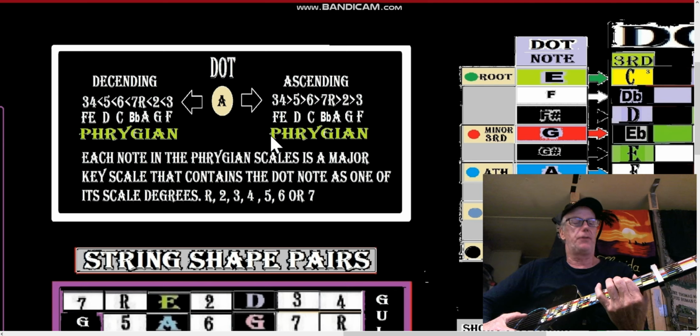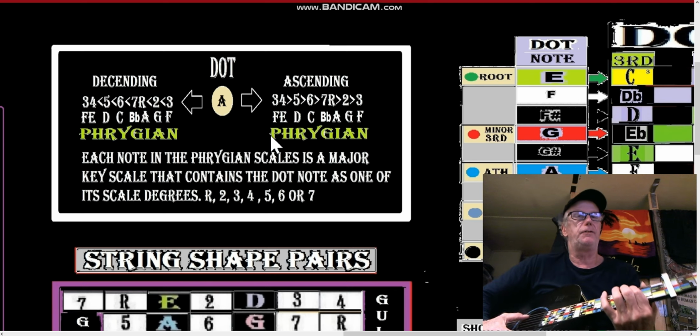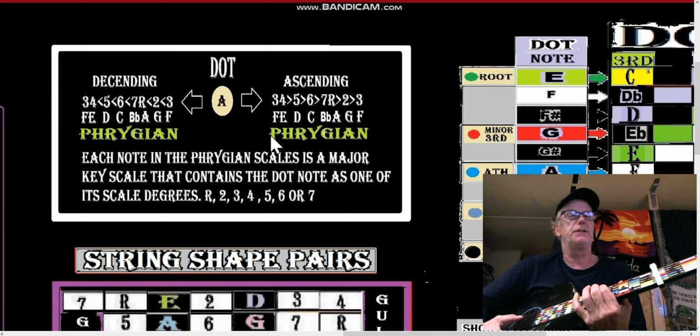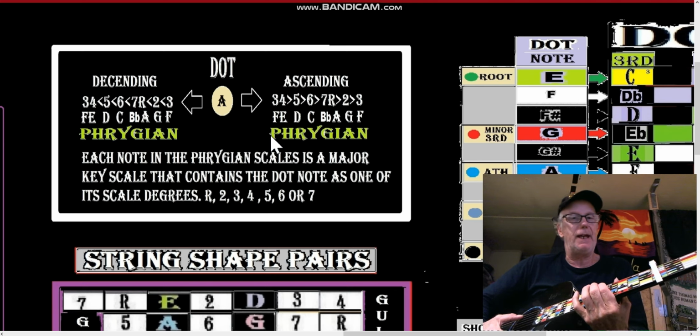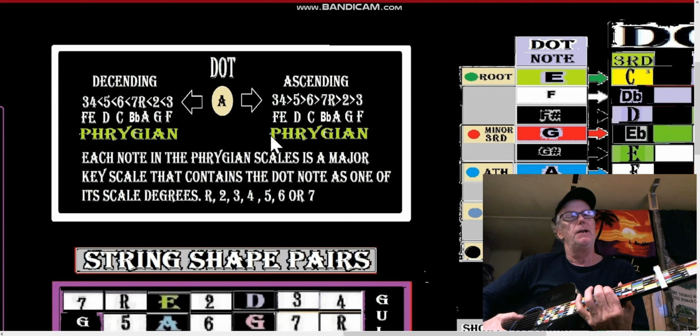What's it the 3rd of? Well, it's the 3rd of E flat. Okay, let's stick to the A dot, because the E flat's a little more difficult. It's another key to wrap your head around, right? With the A, it's the 6th of the key of C, right? So that's what we're talking about here.